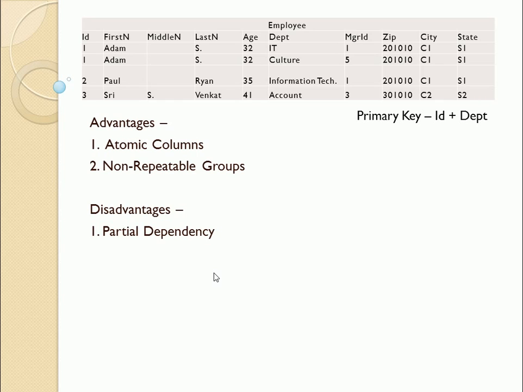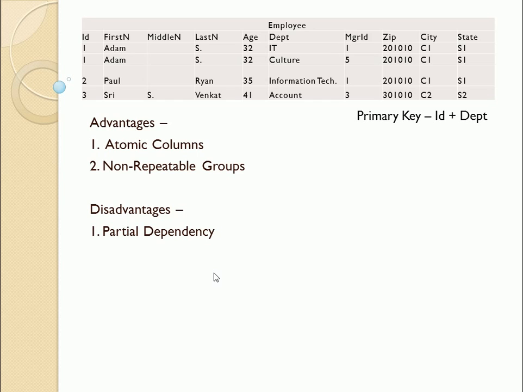So here, if I consider address, address is dependent on the ID of the employee. If the employee changes, the address will change, right? But it will not depend on department itself, because a department is not related to the address of an employee. Suppose the department of employee 2, that is Paul, is changed from information technology to accounts, then it will have no impact on the address of an employee.